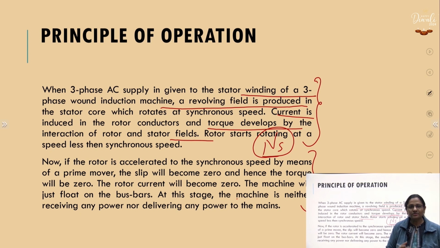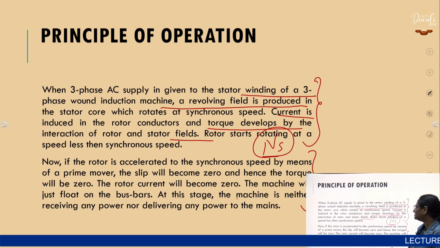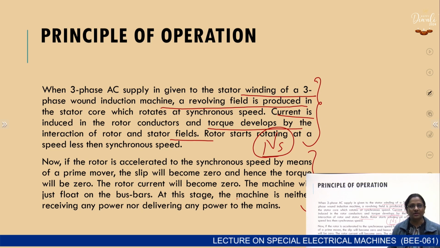So, when the rotor is rotating at the synchronous speed, there is no exchange of power between the machine and the grid. At this time, the machine is said to be floating on the grid and floating on the bus bar, and the machine is neither receiving nor supplying any power to the supply system or to the grid or to the bus bar or to the load connected to the bus bar.